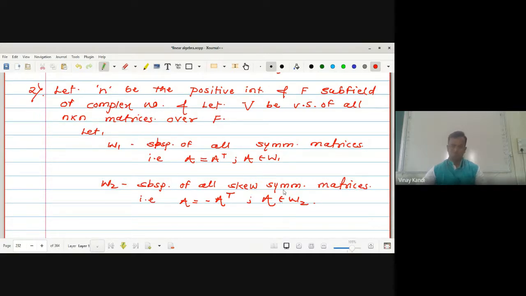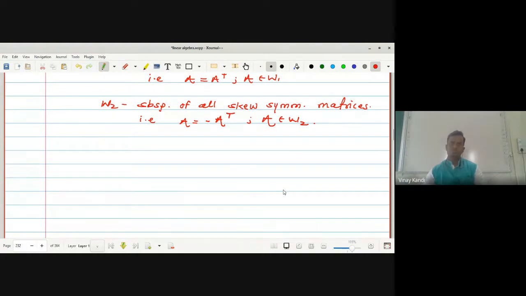Is W1 an abelian group? What were the conditions of a vector space? Closed under scalar multiplication and the four properties of scalars, in total 9 properties. First, is an abelian group formed? Is the addition of two symmetric matrices symmetric? We don't know that yet. Yes, sir.